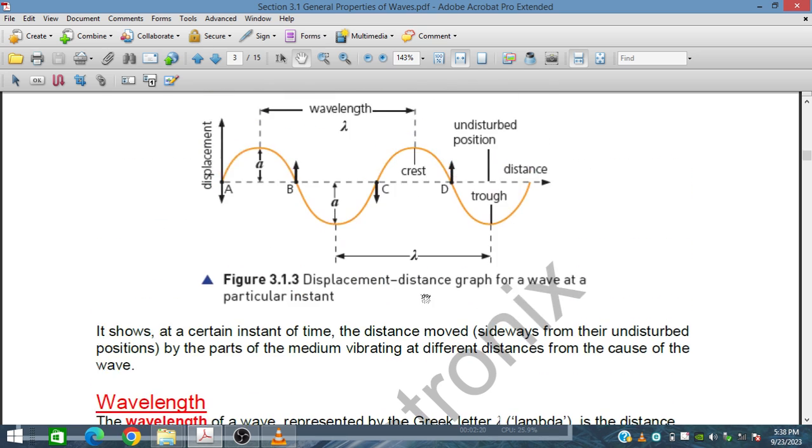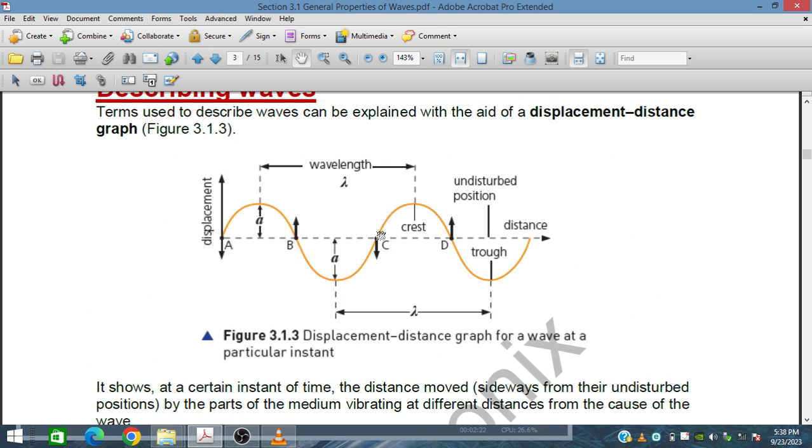Frequency, the next one, is the number of waves that pass through a particular point in 1 second. Suppose from this point to this point it takes 1 second for these waves to pass.